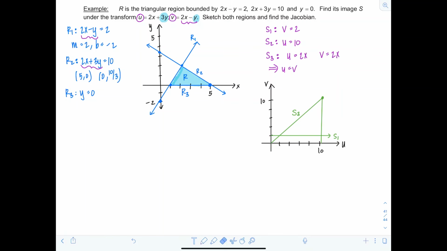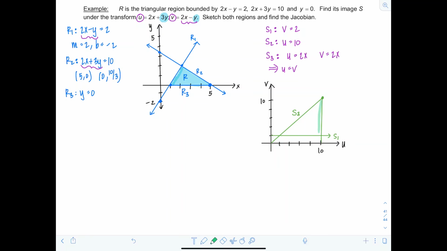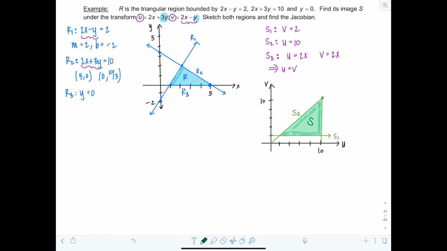Oh, I wanted it to be perfect. So we'll just scoot that over and say that's 10. This one needs to move a little bit now. Okay. Good. So can we identify our region S? It's right here. Lovely. Here's S. And oh, this is S2. Don't let me forget. Okay, looks good.